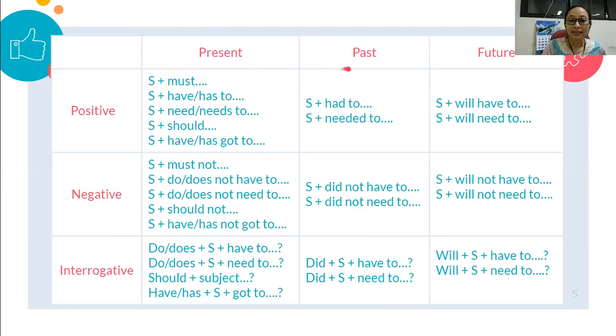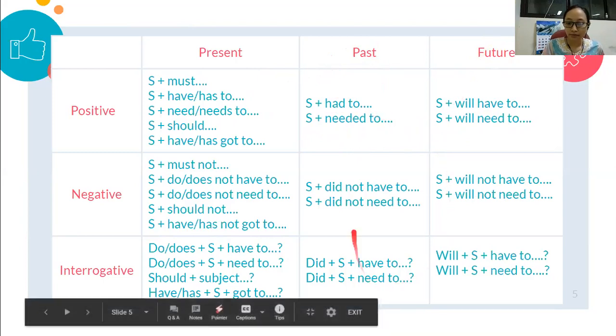It has the past form and also future form. If we want to change the need into past, we can just change it into past form, needed. She needed to do it yesterday. Or future, she will need to do it tomorrow. Okay, jadi tinggal tambah ed or will for the future form.